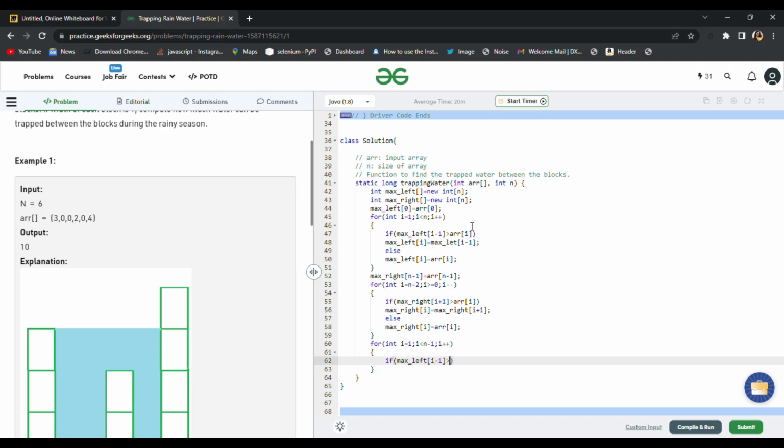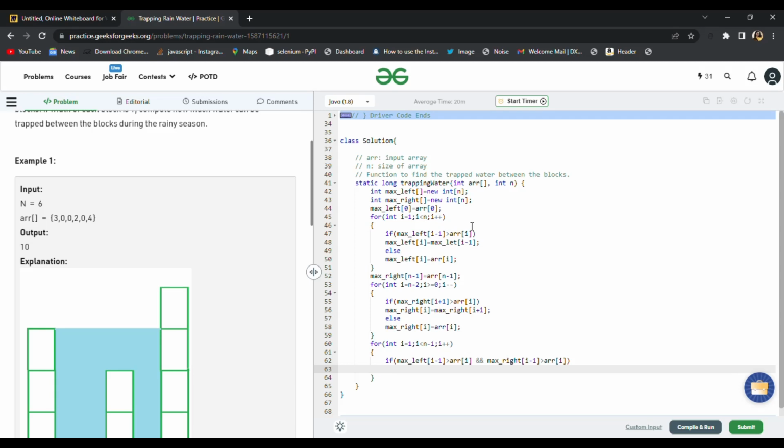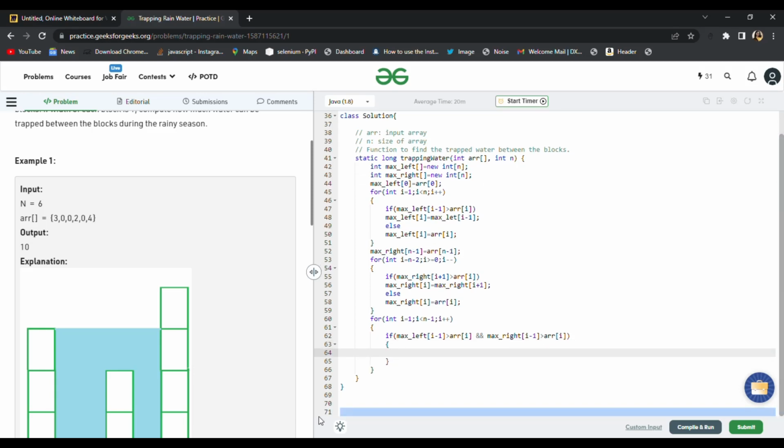So that's why. Now we need to compare if the left boundary, that is max left of I minus 1, is greater than array of I, and at the same time the right boundary of the current block is also greater than the current block height, then we need to start our main processing.